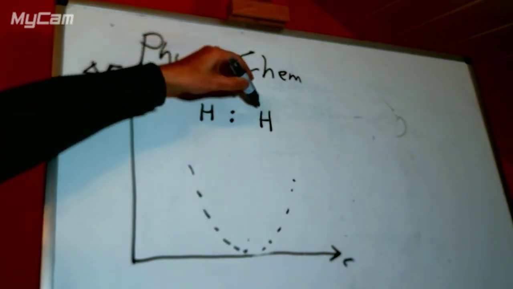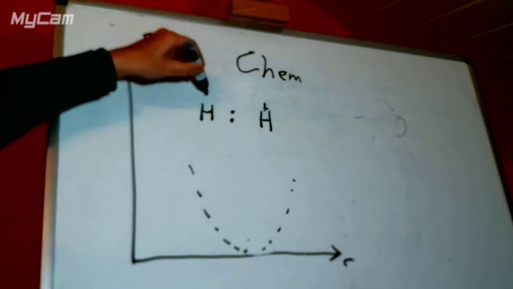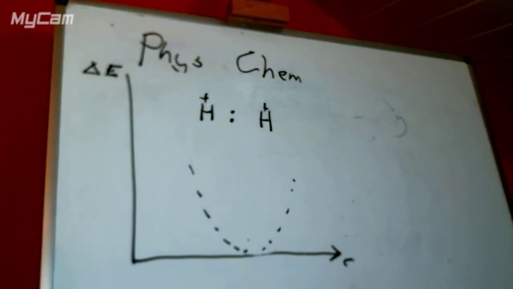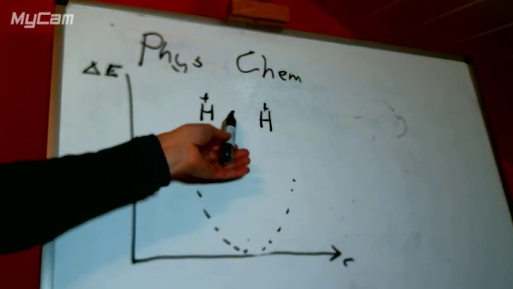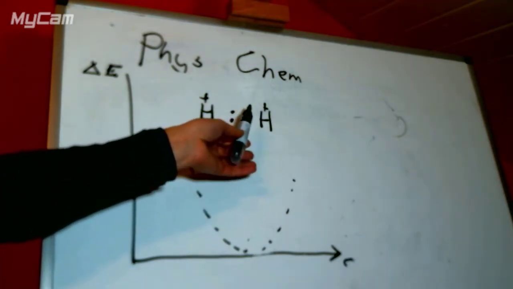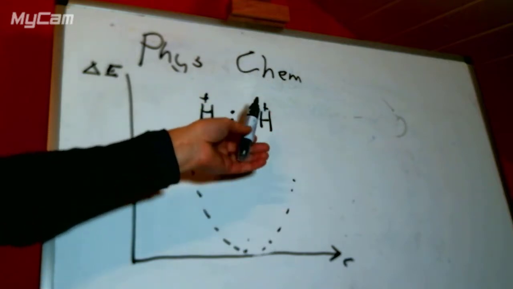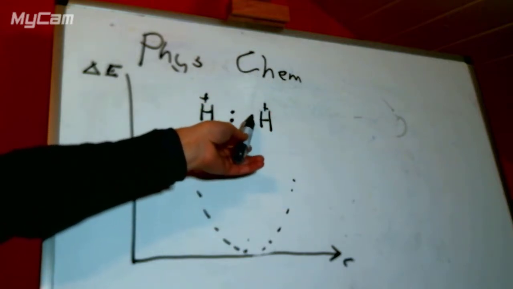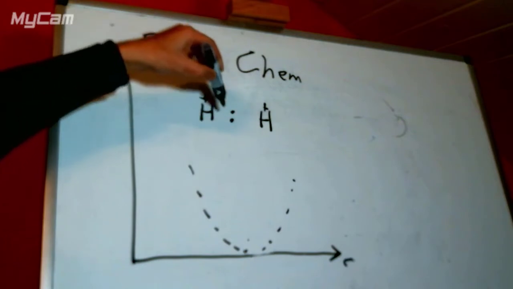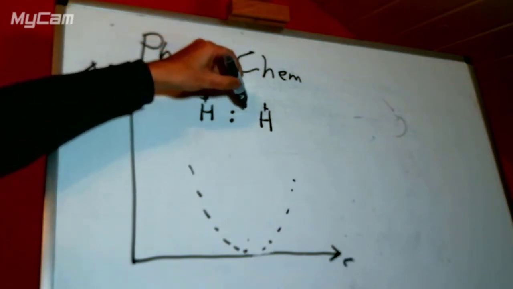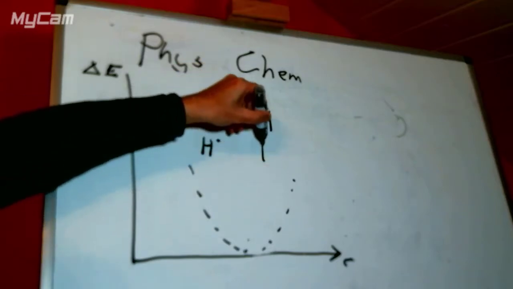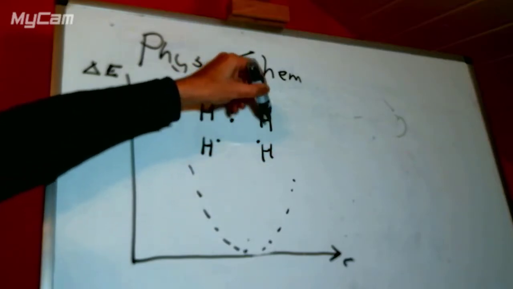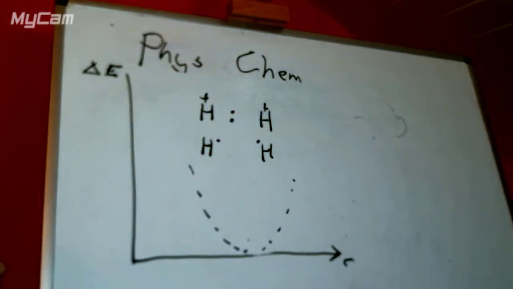Well, as we stretch this apart, we can imagine that there will be a distance where they don't interact anymore. So as we stretch it apart, it will get unhappier and unhappier, and then really it's not going to interact very much, because at some point this bond will break and they will become 2 hydrogen atoms like this, H dot, and the hydrogen atom will attract the other one.